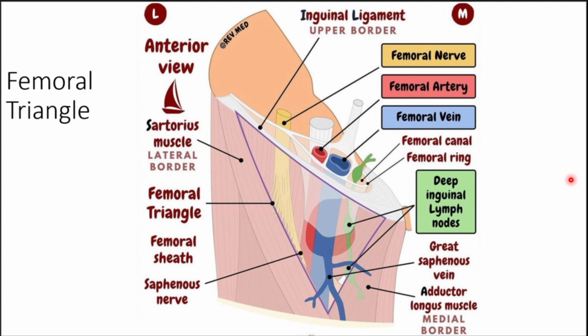The boundaries of the femoral triangle include the sartorius muscle laterally, the adductor longus muscle medially, and the inguinal ligament superiorly. The first letter in the name of each boundary uniquely spells out the acronym SAIL.